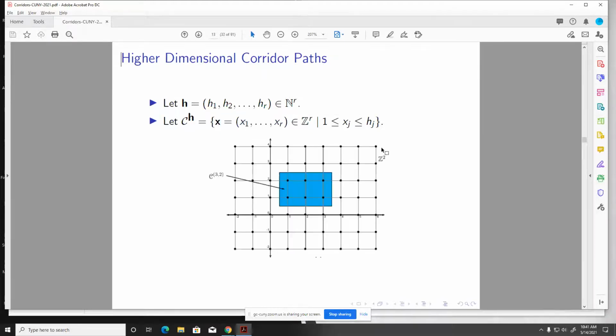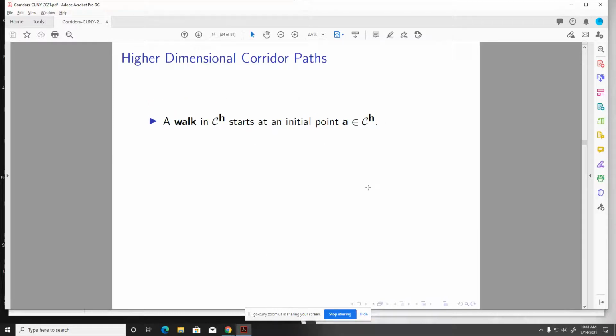That's what it looks like in 2 dimensions, right? So 3 by 2. Okay, and so we're going to be able to count paths that start anywhere and progress in time along these horizontal and vertical segments and never leave the box. Okay, and I'll give an example in a moment, but let's continue thinking about the definitions here.